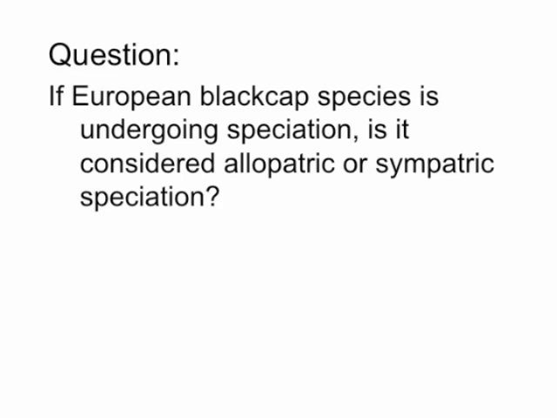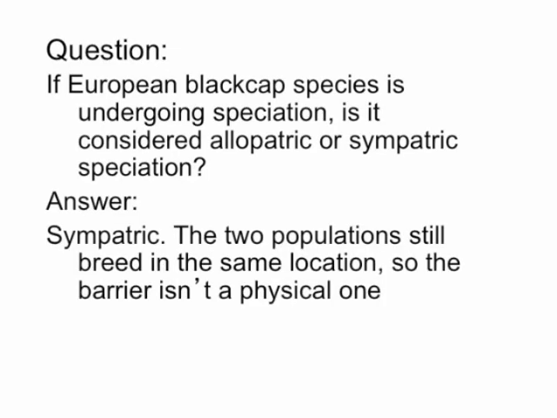But keep in mind, where do these species actually breed? Where do they reproduce? And that is actually in Germany and Austria. So they do return to the same location. Both of these groups return to the same location. So this would be considered sympatric speciation because the two populations still breed in the same location. So the only thing that's different is where they overwinter.